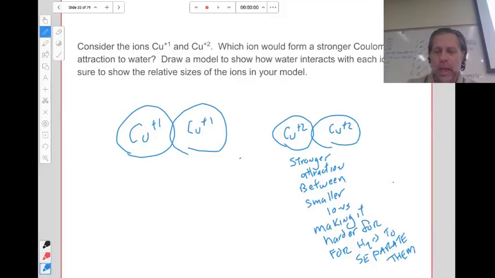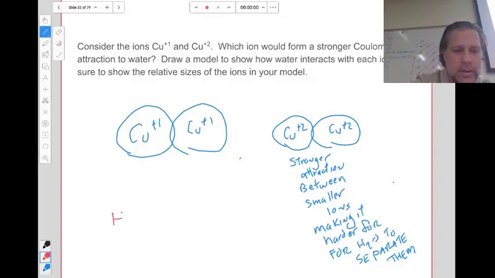Wow. I could have written that a lot straighter. Okay. So what that would look like is it's still going to happen. They're still going to separate. They're still going to take water, and they're still going to continue to separate each other.